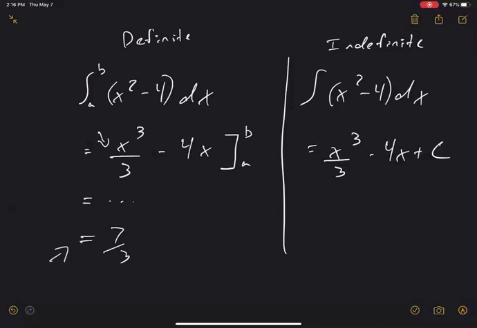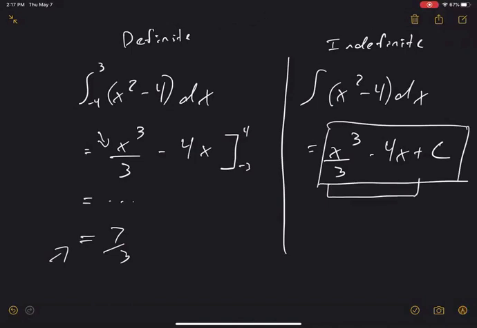In the indefinite integral, when we don't have bounds, we're no longer looking for an area, we're just looking for this antiderivative. So we find this antiderivative, we write a plus c on the end representing the fact that there's a whole infinite family of answers, and then this is where we stop.